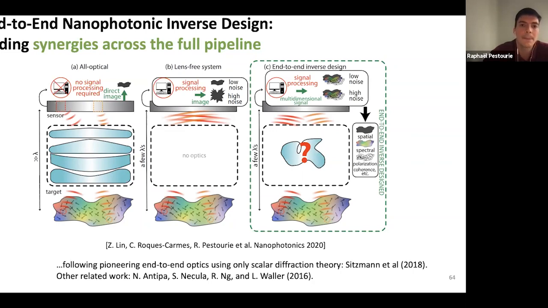And it's bulky. The second way would be to not have any optics, but then the image on the detector doesn't look like anything, and we need a lot of post-processing, a big algorithm, to try to get it to work. And sometimes it's too noisy, and you actually cannot solve the inverse problem, and you're limited.